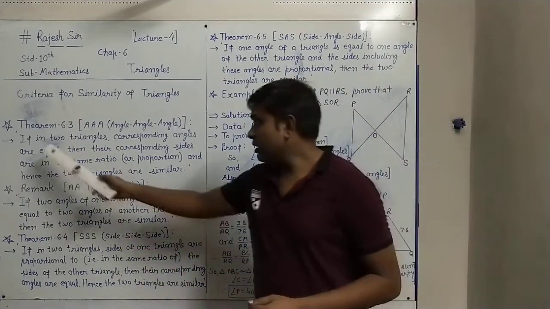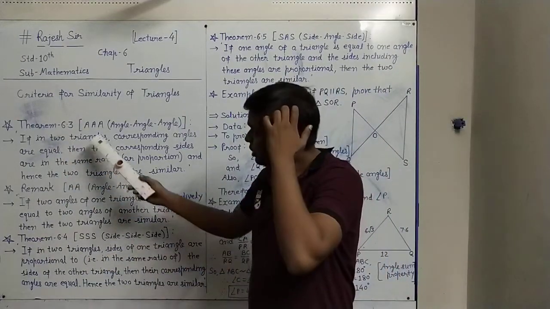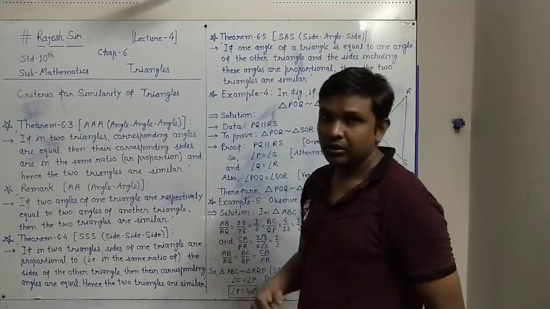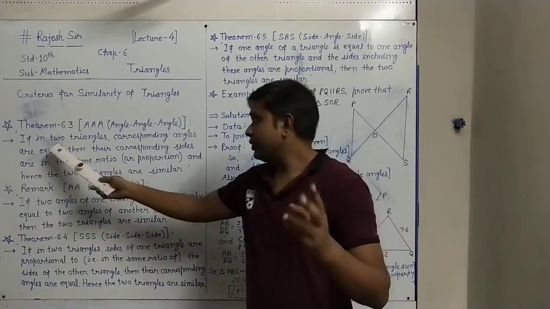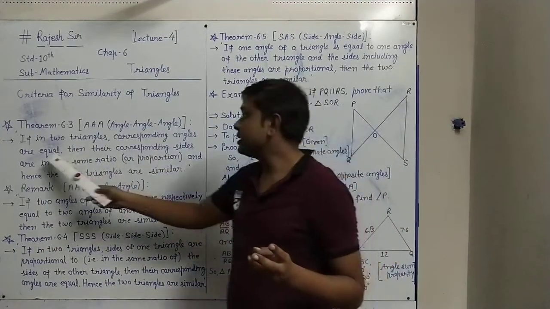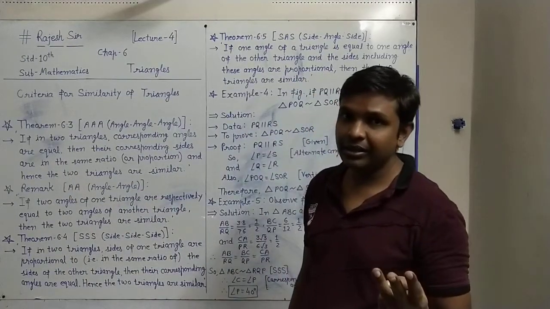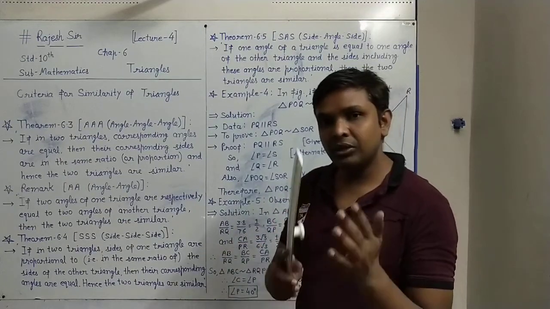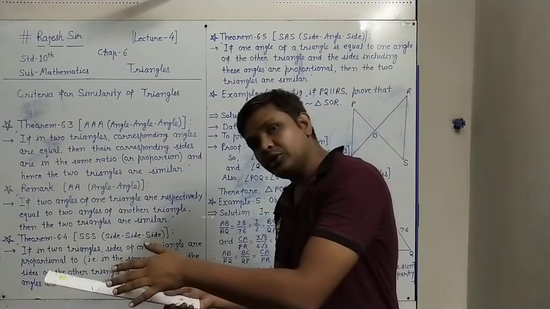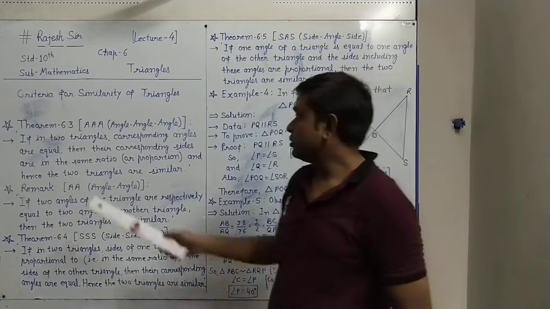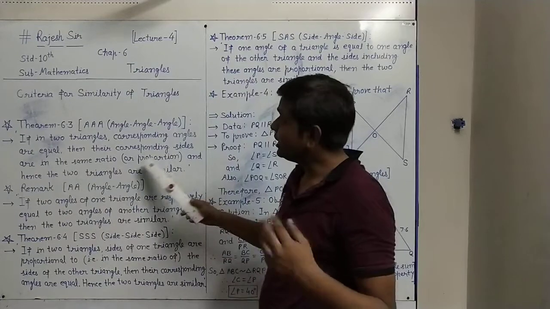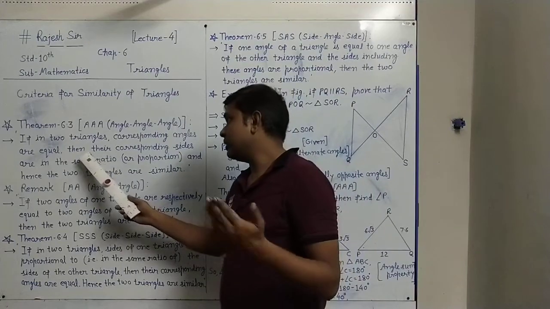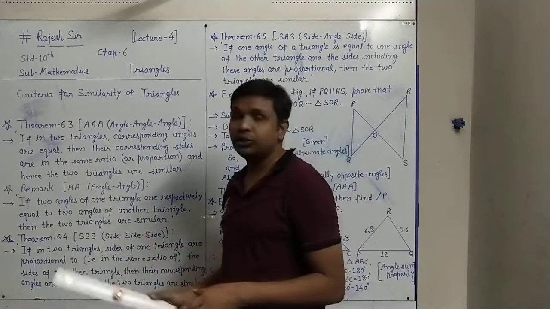So here 6.3 is what we have, that is called AAA. Why AAA? AAA stands for angle, angle, angle. Why is this called so? See, if in two triangles all corresponding angles are equal, you know that in a triangle 3 angles are there, then their corresponding sides are in the same ratio.